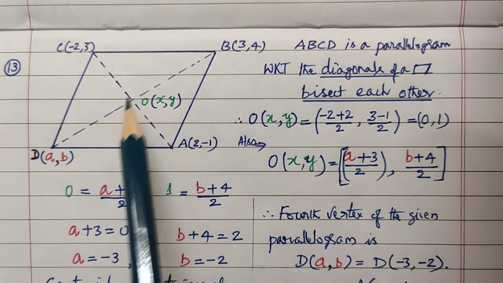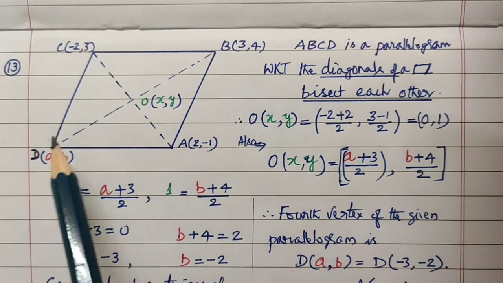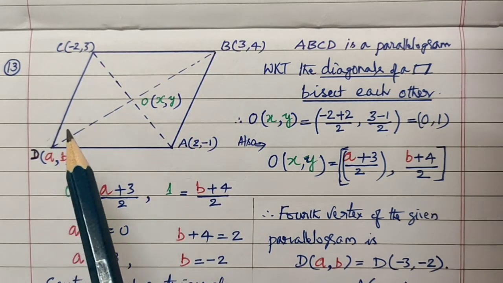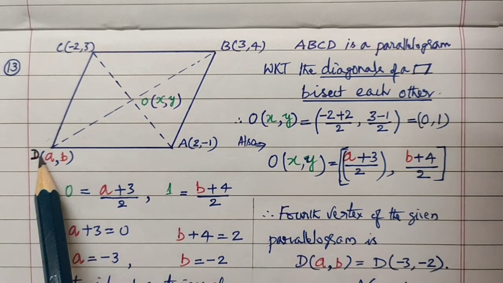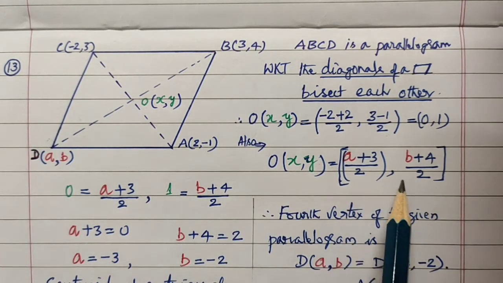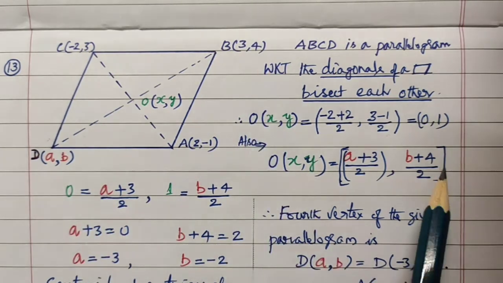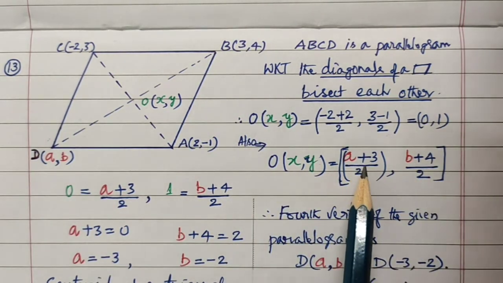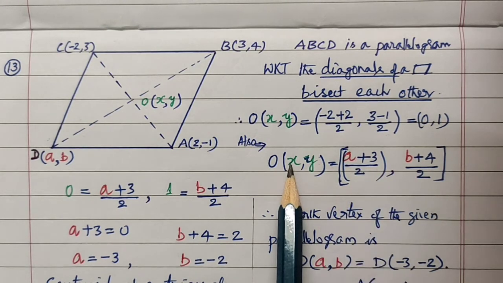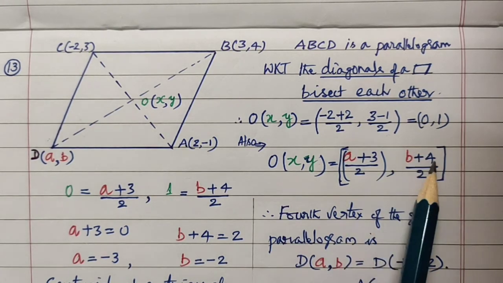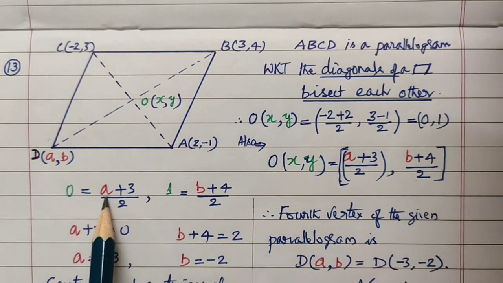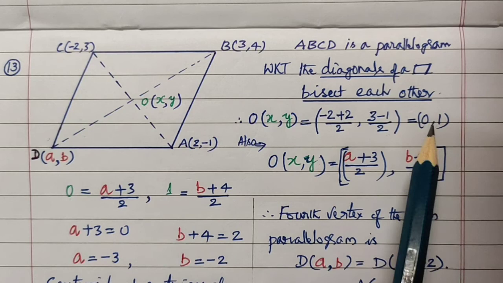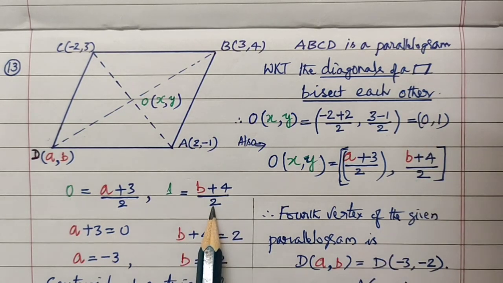We also know that if you take the midpoint of this diagonal, then O(x, y) is equal to ((a + 3)/2, (b + 4)/2). Equate (a + 3)/2 with x which is 0, and (b + 4)/2 with y which is 1. 0 is equal to (a + 3)/2, 1 is equal to (b + 4)/2.